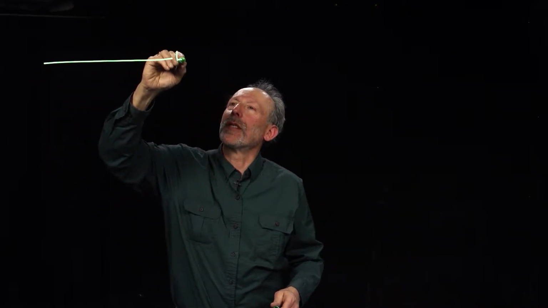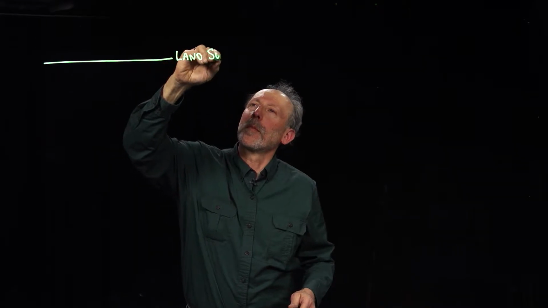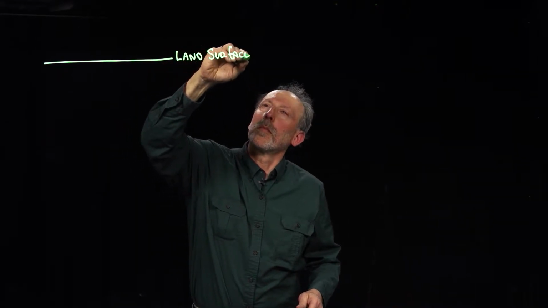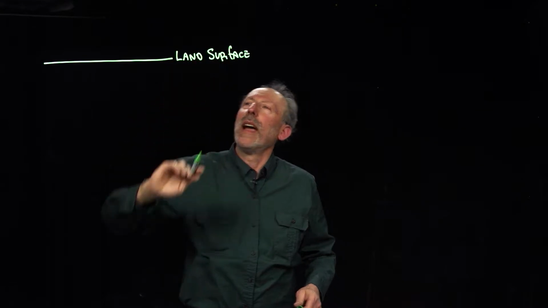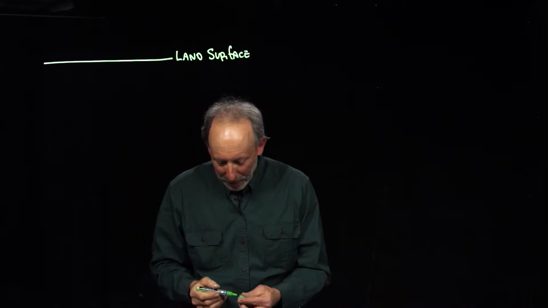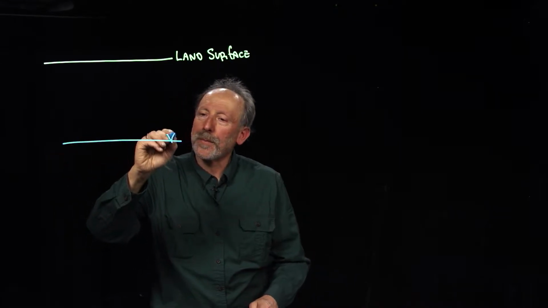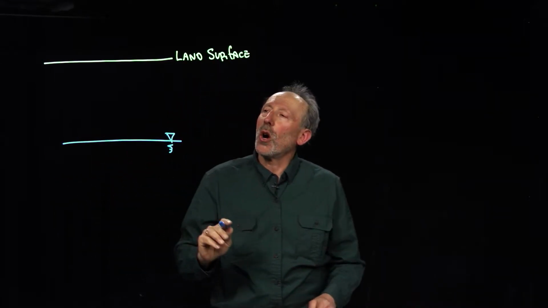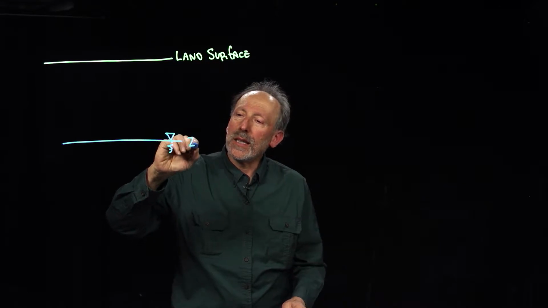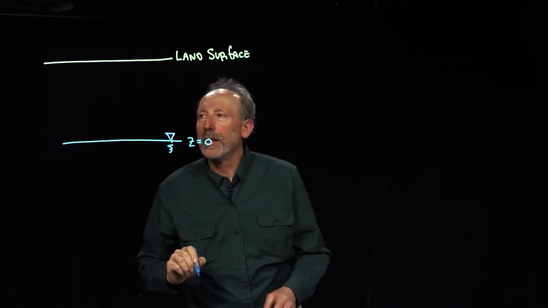Let's suppose that our land surface is here. And let's suppose, maybe we can do it in blue, why not, that our water table is here. So we're going to define z equals 0 here.